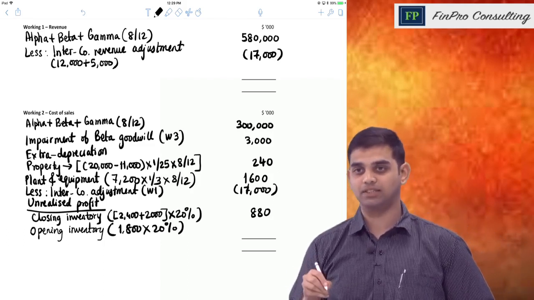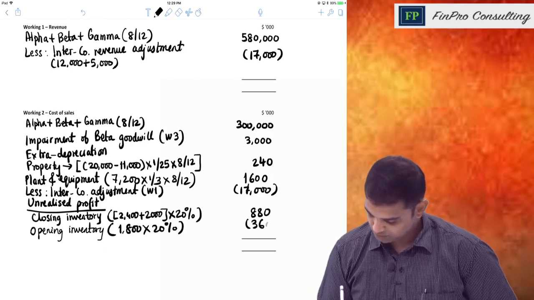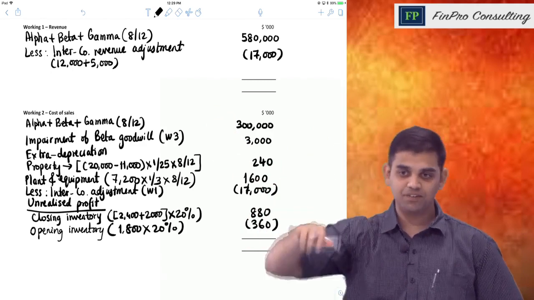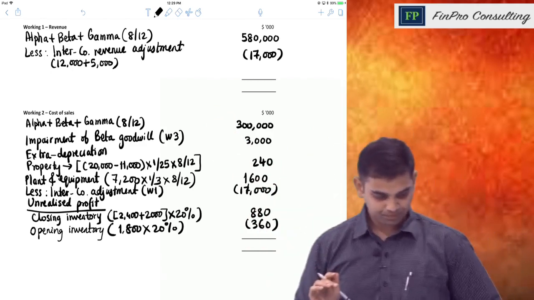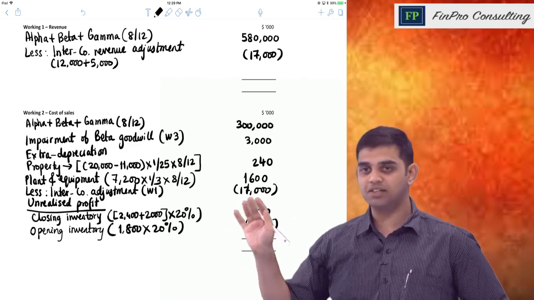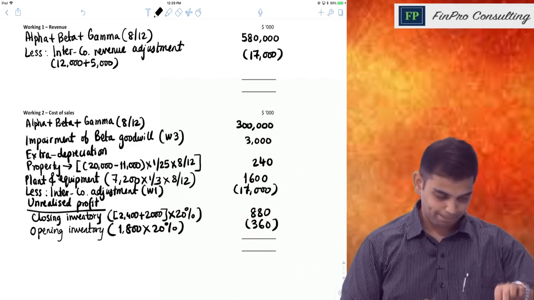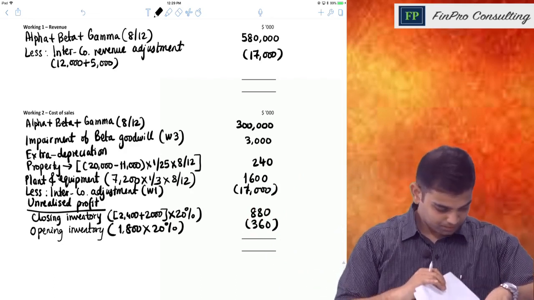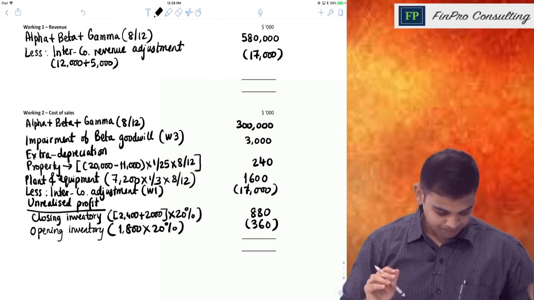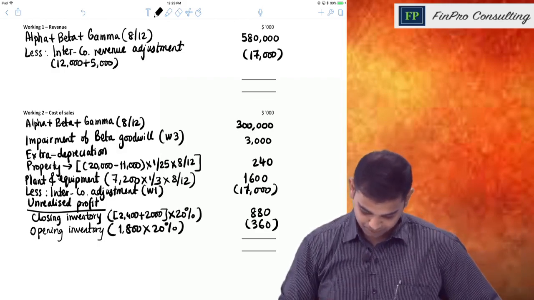Now this will be minus because I am increasing the profit. That 360 was I am increasing the cost of sales last year, that I have reversed. That's it. Okay. And the impacts of both 880 and 360 will go to inventory. So no need to adjust anything now. So note number 3 is done. Now post employment benefits.